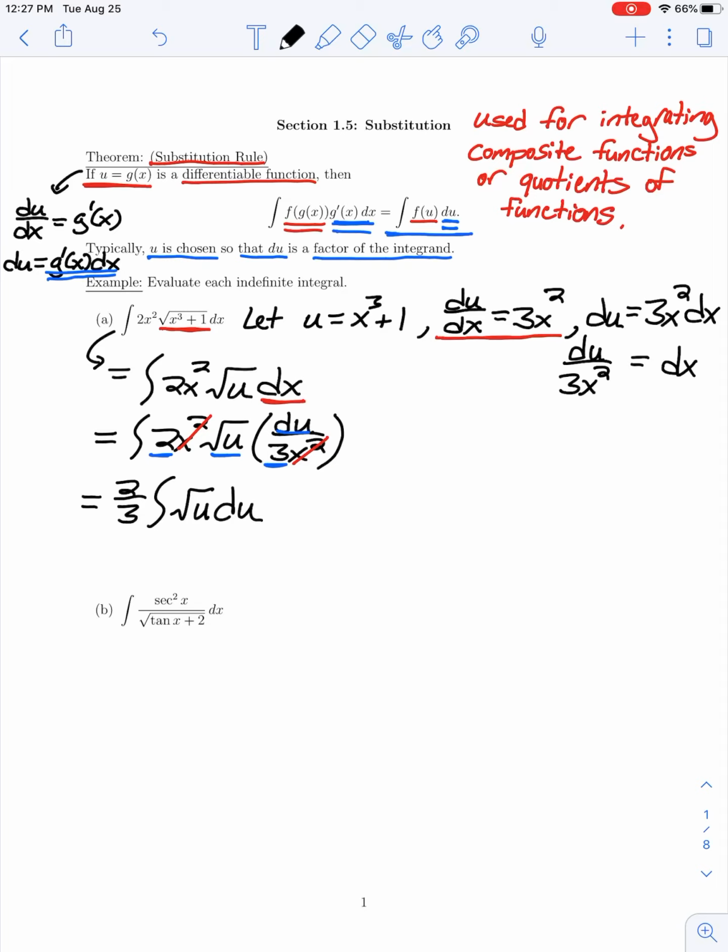So by making this substitution, or this change of variable, I've got an integral in terms of u, which is much easier to evaluate than the one I started with.